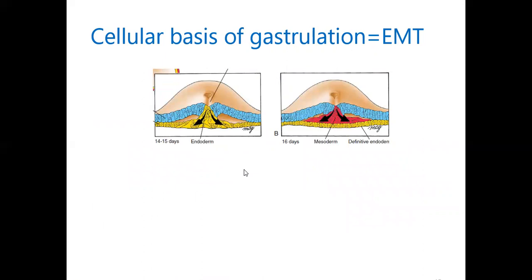Now, what is the cellular basis of gastrulation? The process is known as epithelial to mesenchymal transformation. Epithelium is a well organized structure. The cells are well adhered to each other by E-cadherin, which is a receptor. If it is down regulated by certain factors like fibroblast growth factors, the epiblast will start changing its shape.